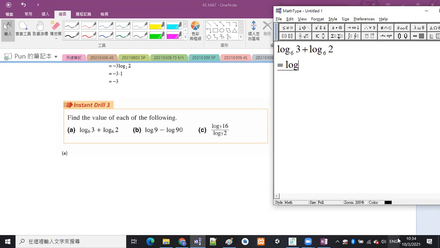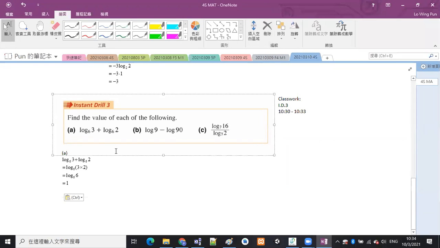Merge the two logs to be one single log. It becomes log 6 base 6. The log 6 base 6 is equal to 1 because the number inside the log is exactly equal to the base of the log. Then it is 1. So the answer of part A is 1.